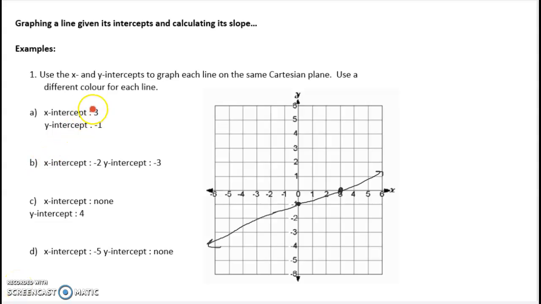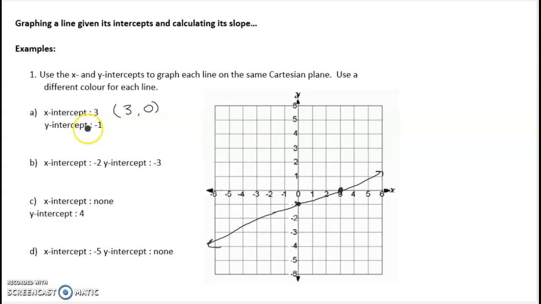The x-intercept was at +3, so I put a dot there. The y-intercept was -1, so I put a dot there, and then I joined these dots as best I could. So for the x-intercept, the coordinate x is 3 and y is 0.